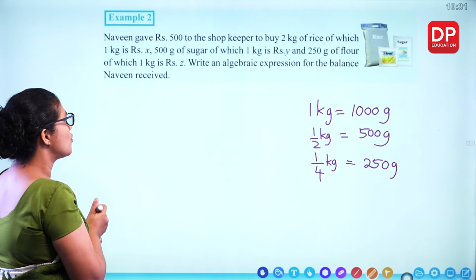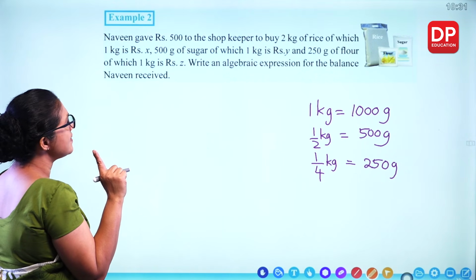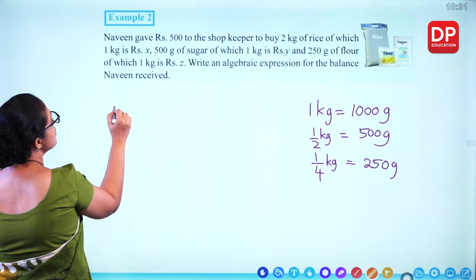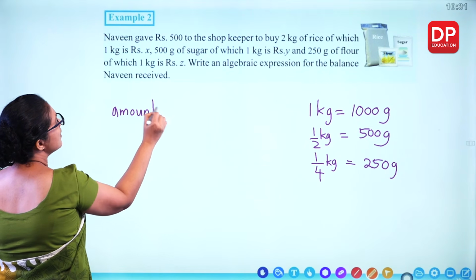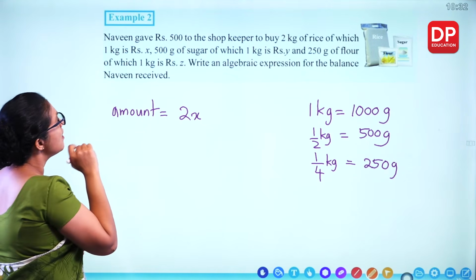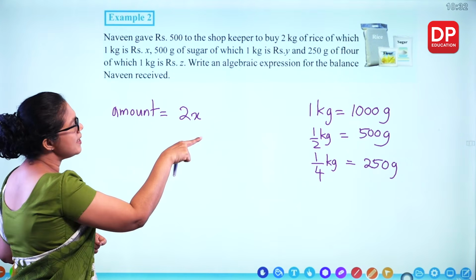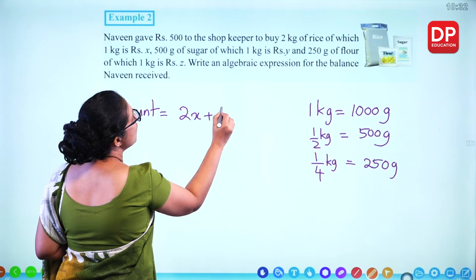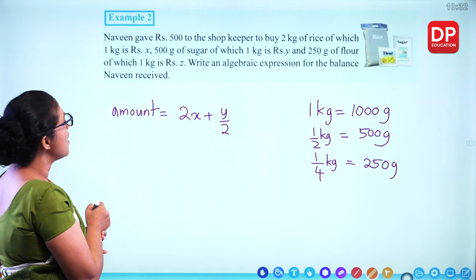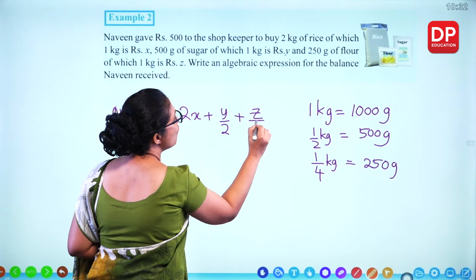Naveen gave 500 rupees to the shopkeeper to buy 2 kilos of rice. 1 kilo of rice is X, so 2X is the price. So the total amount we'll write first. 2 kilos of rice, that's 2x. Then 500 grams of sugar. 1 kilo is y. So half means half of y. Y over 2. And 250 grams of flour means each 1 kilo is z. That's z over 4.